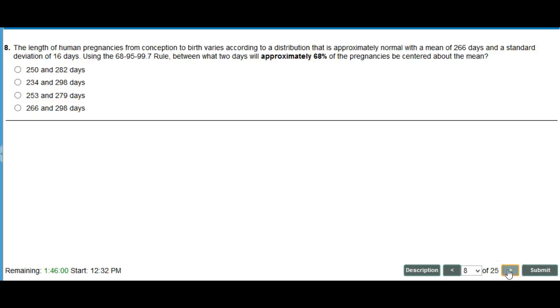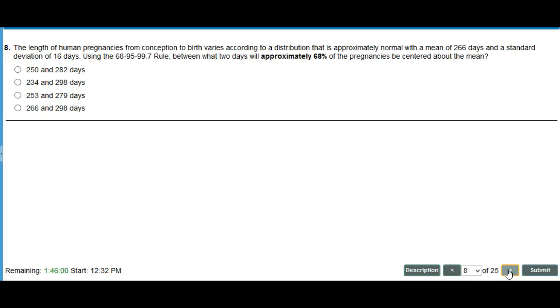Question 8. The length of human pregnancies from conception to birth varies according to a distribution that is approximately normal, with a mean of 266 days and a standard deviation of 16 days.